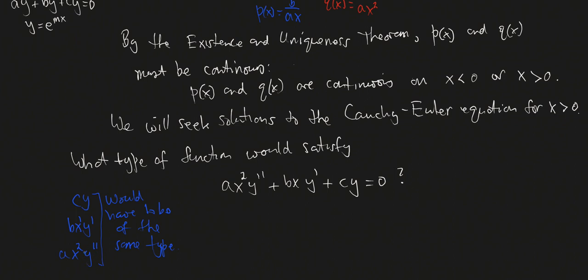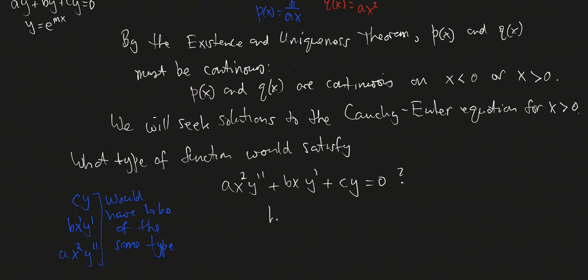Similarly, when you differentiate a power function twice, the power goes down by 2. But then if I multiply by x squared, I add those powers together, and again, it would go back to the original power. So the type of function that would satisfy the Cauchy-Euler equation is not an exponential function, right? It would have to be a power function.